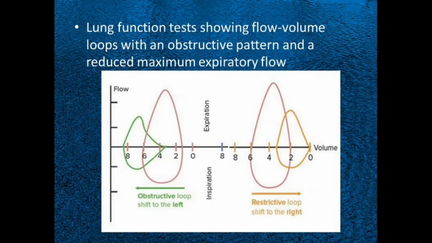So, on the left side, in a patient with asthma, the total lung capacity is going to increase, whereas the FEV1 by FVC ratio is going to decrease.